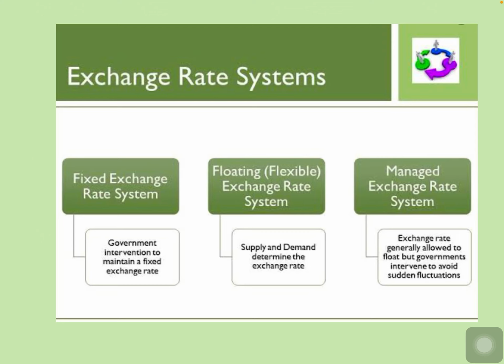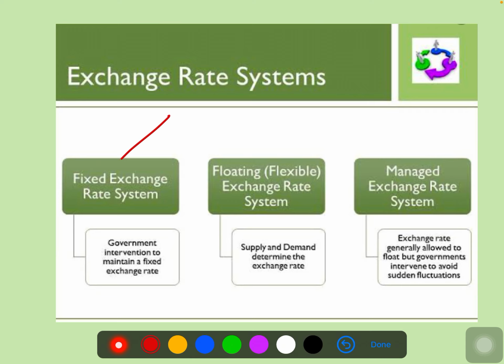To fix the exchange rate, we have 3 different systems. The first is the fixed exchange rate, where the government itself decides the exchange rate with the other country. The second is the floating or flexible exchange rate, where market demand and market supply decide the currency value.